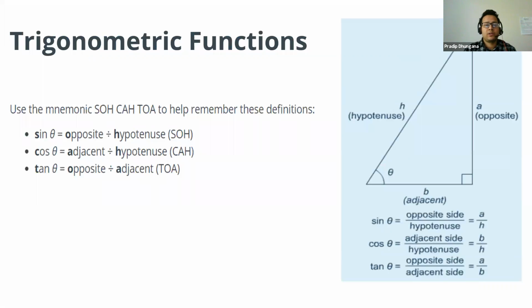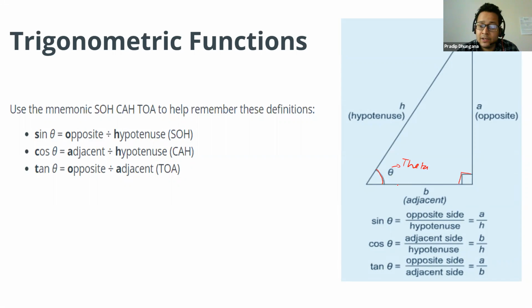Now let's talk a little bit about trigonometric functions. Before starting, I want to clarify how to identify adjacent, opposite, and hypotenuse. If we have a right angle triangle, always look for two angles. This angle is read as theta, and then we do have a right angle.